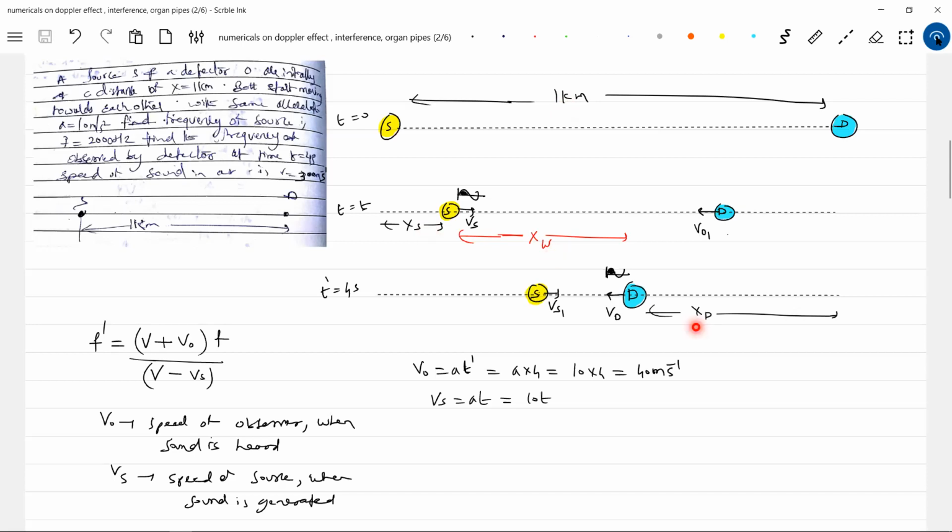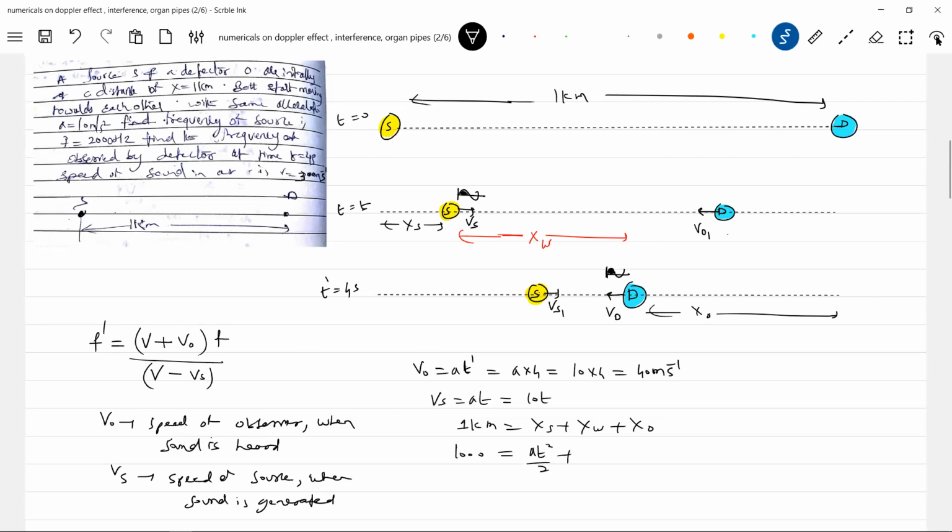That's why this diagram is very important. This is XO, the detector. What is one? This is 1000. Xs is A T square by 2.